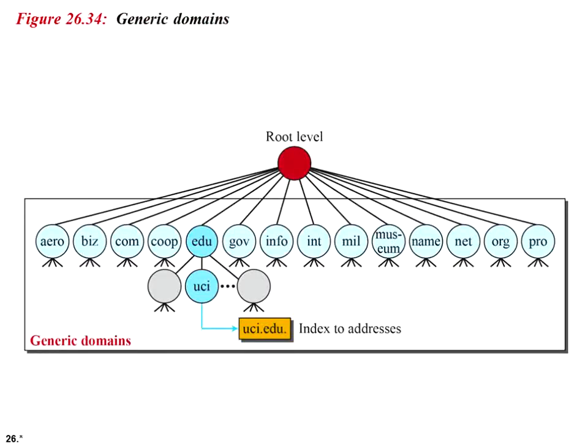Now these are the generic domains. We have a root label, and then we have Arrow. This is for airlines and aerospace. Next we have Biz. This is for businesses or firms. Com is for commercial organizations.